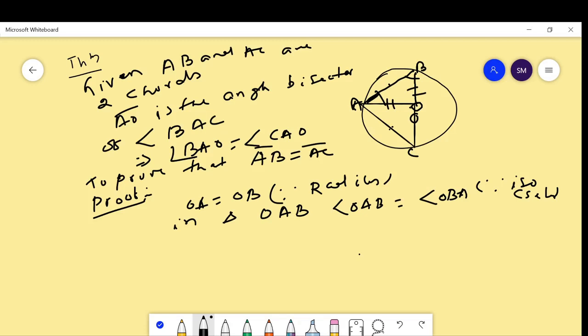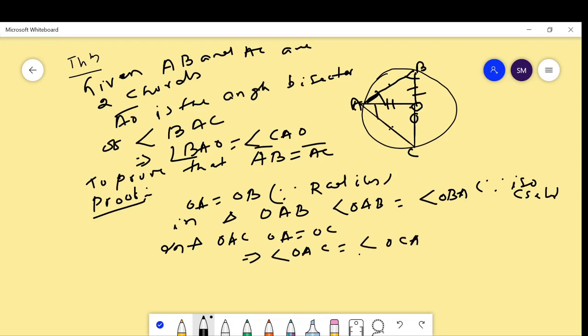Then here in triangle OAC, OA is equal to OC, which shows that angle OAC is equal to angle OCA.